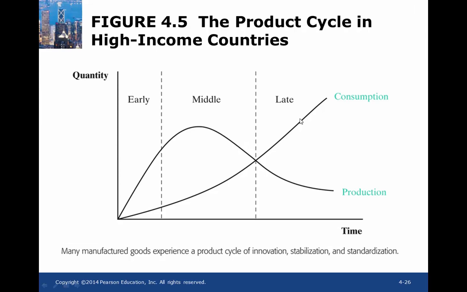Look at this graph, figure 4.5, the product cycle in high income countries. Look at my cursor. This is the production function showing us the total production in 3 phases. You can see in the first stage, in the early phase, production in the high income country is increasing at an increasing rate.